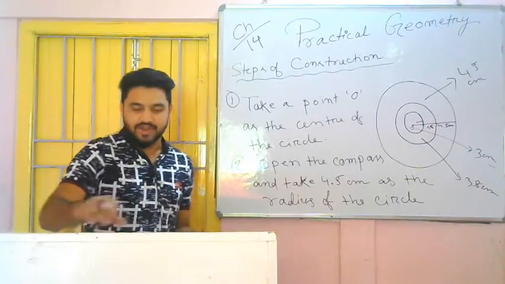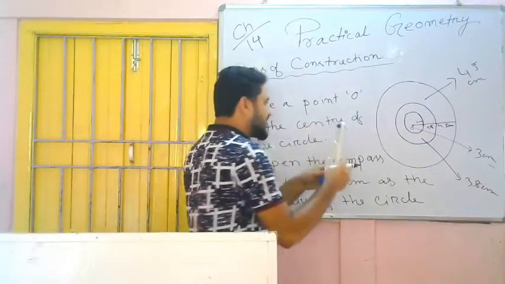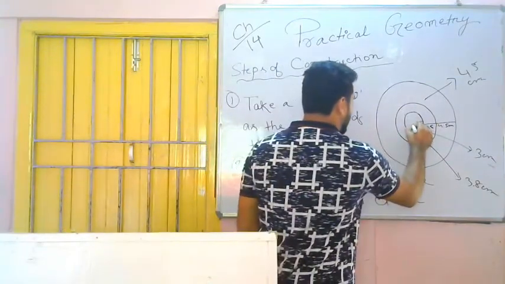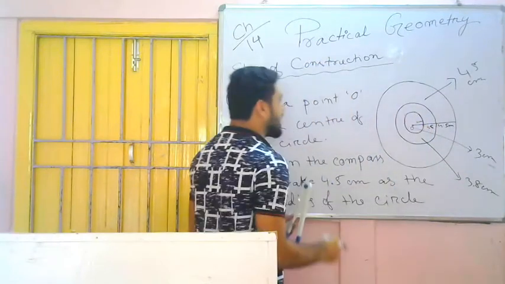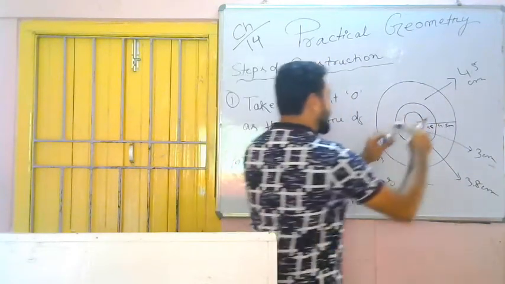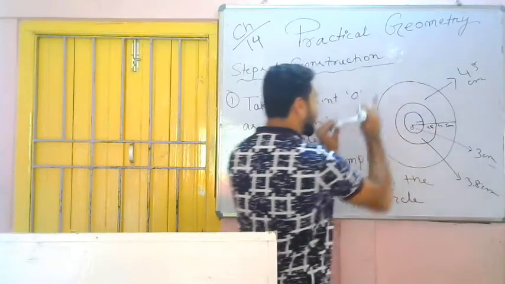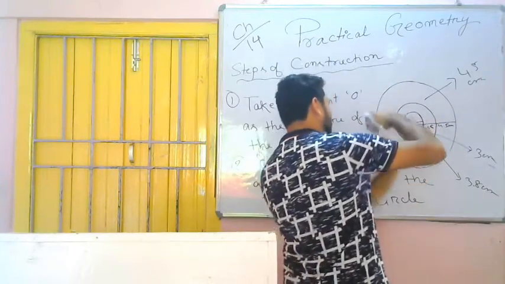That means first we take a point, after that we take the 4.5 centimeter measurement from the ruler, and after that we draw the circle.